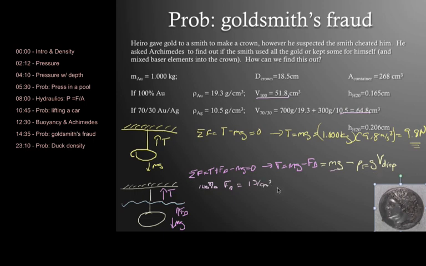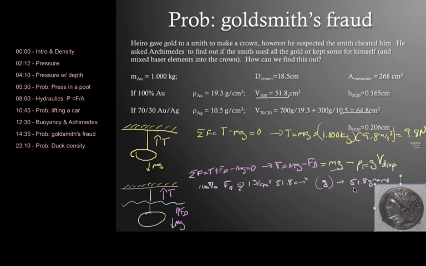And then both have g, so let's just think about rho and then V. And then the volume that's displaced is 51.8 centimeters cubed. So this actually gives us the same as 51.8 grams. And then if you wanted the force, you'd have to multiply this by g, the acceleration due to gravity.